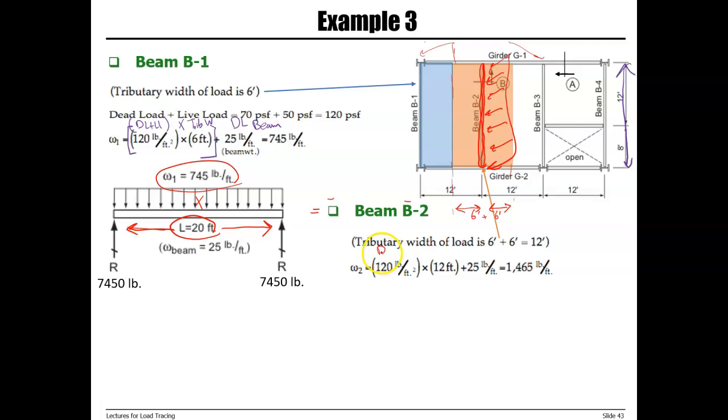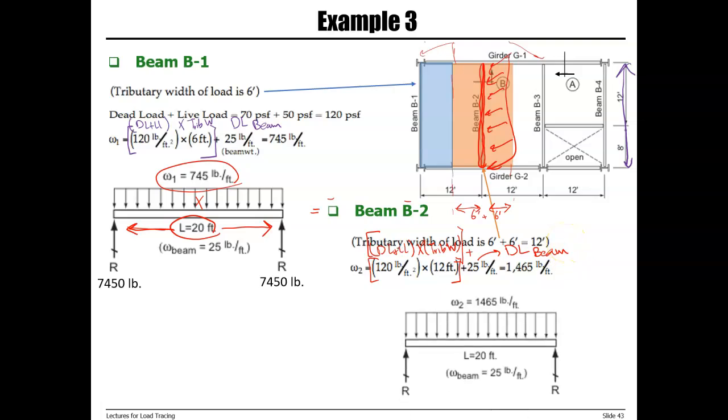So again, this is our dead load and live load times tributary width, and then we need to add dead load of beam. So the magnitude of the linear load applied to beam B2 is 1465 pound per foot.